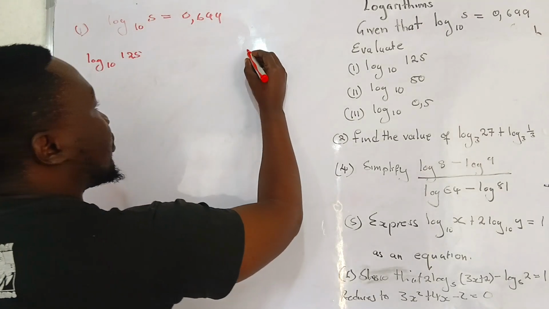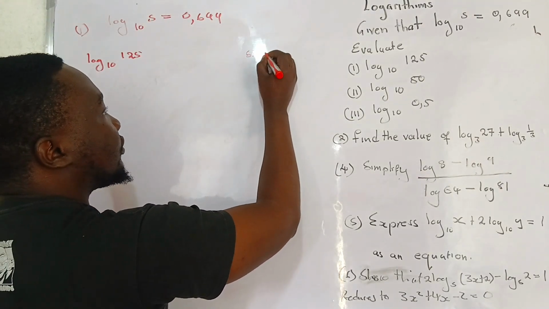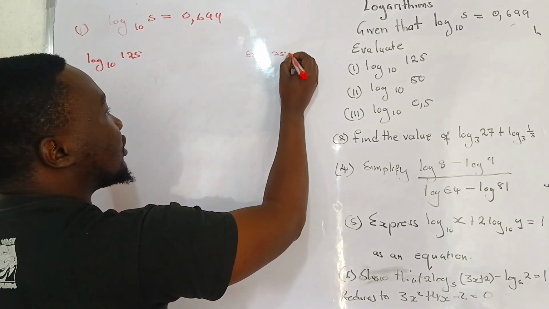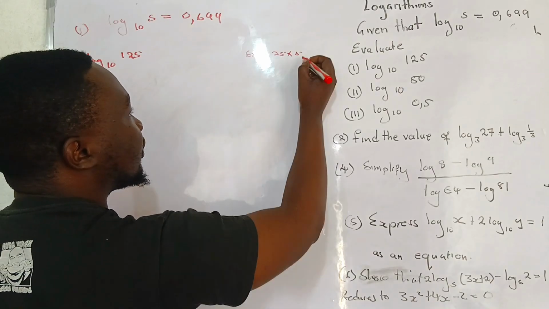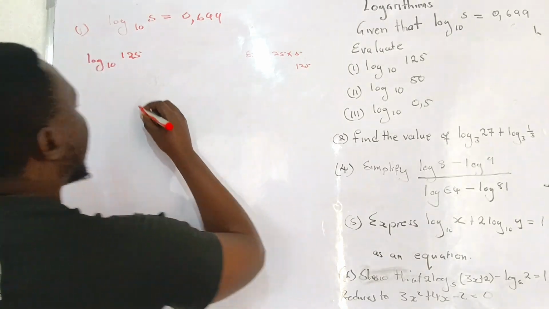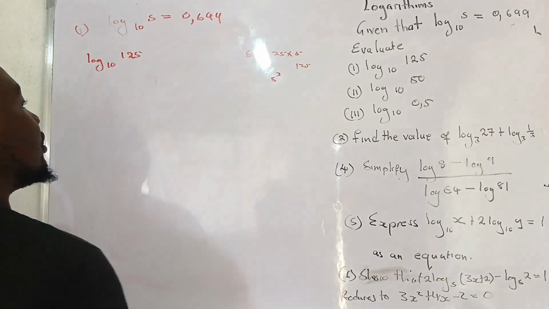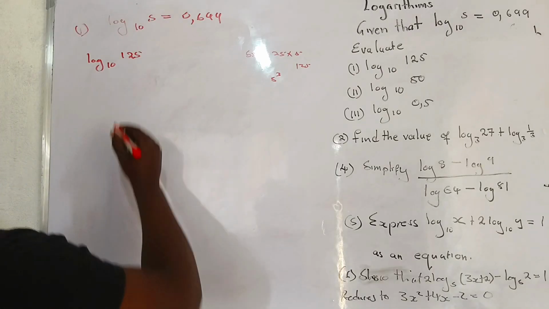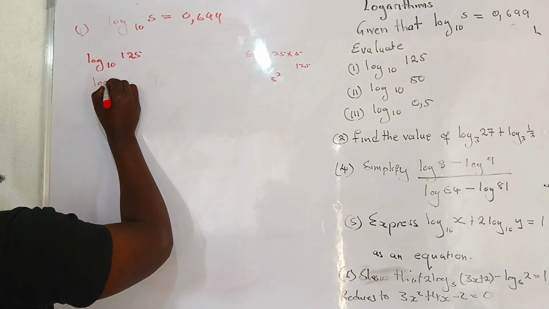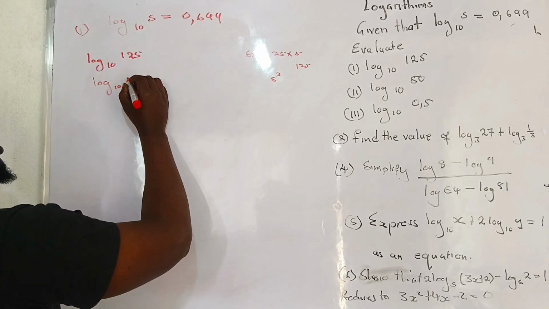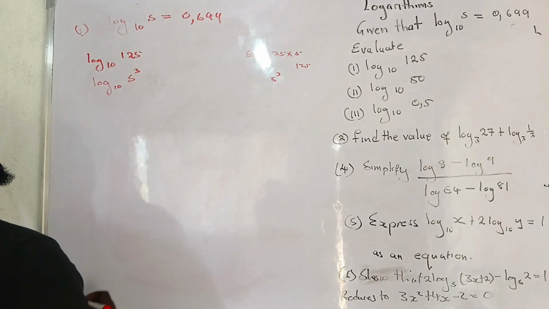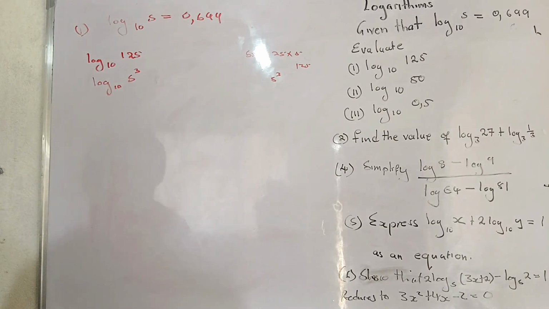5 times 5 is 25. If you multiply by 5, that's 125. So 5 cubed is 125. So you can say log base 10 of 5 cubed.